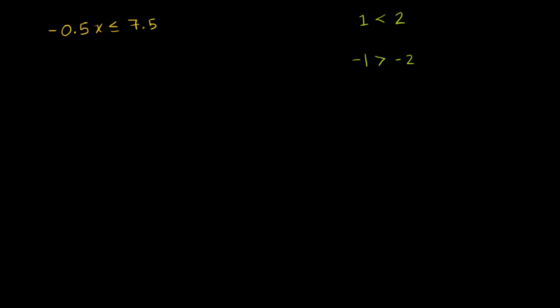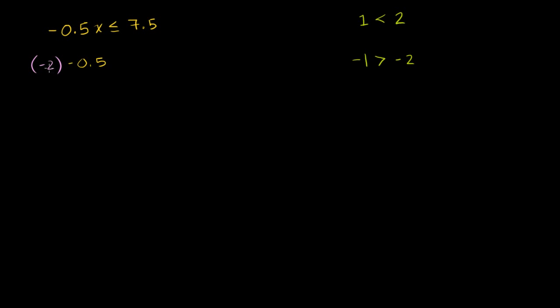So let's multiply both sides of this equation. Dividing by 0.5 is the same thing as multiplying by 2. Our whole goal here is to have a 1 coefficient there. So let's multiply both sides of this equation by negative 2. So we have negative 2 times negative 0.5.